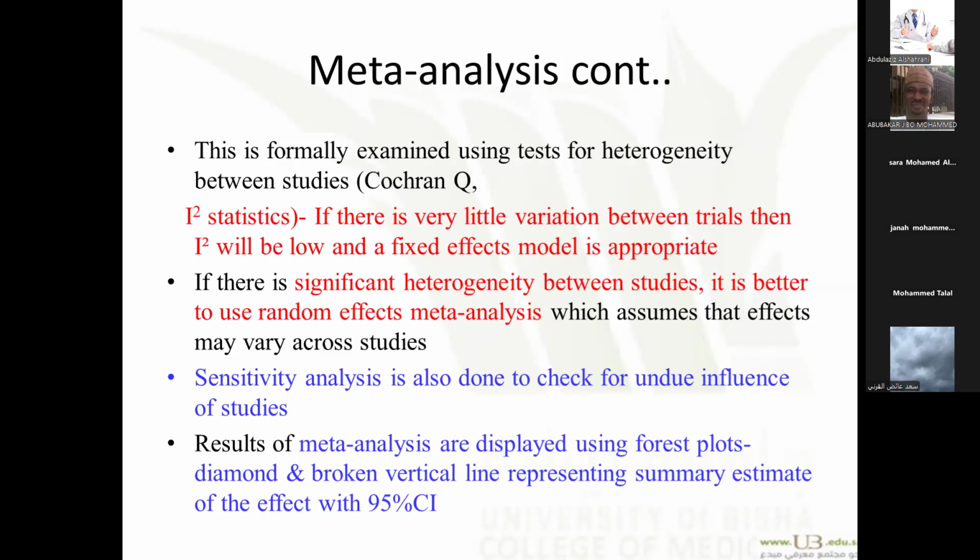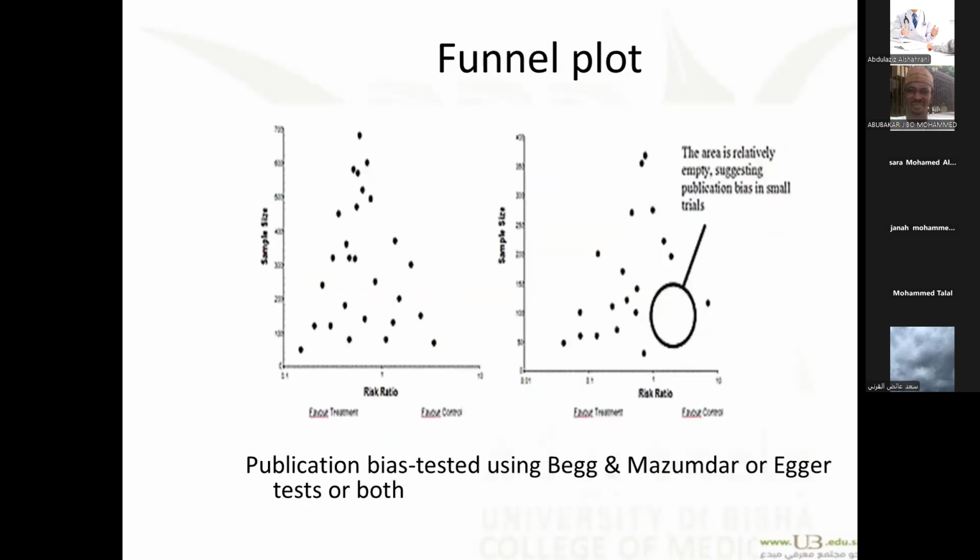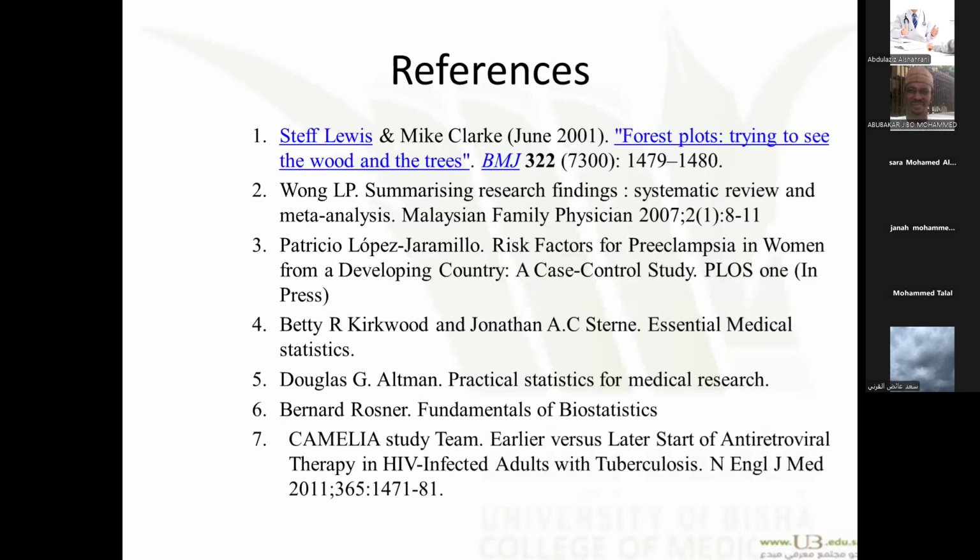Even the data used are different. So there will be variations, and these variations are addressed based on I-square, based on random effects, or based on other statistical manipulation. Now, this brings us to the end of this lecture.